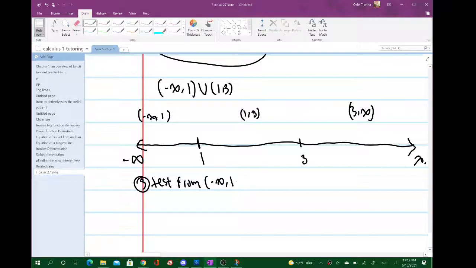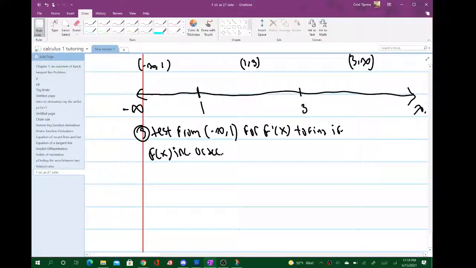So test from negative infinity to 1 for f prime of x, and to find if f of x increases or decreases.